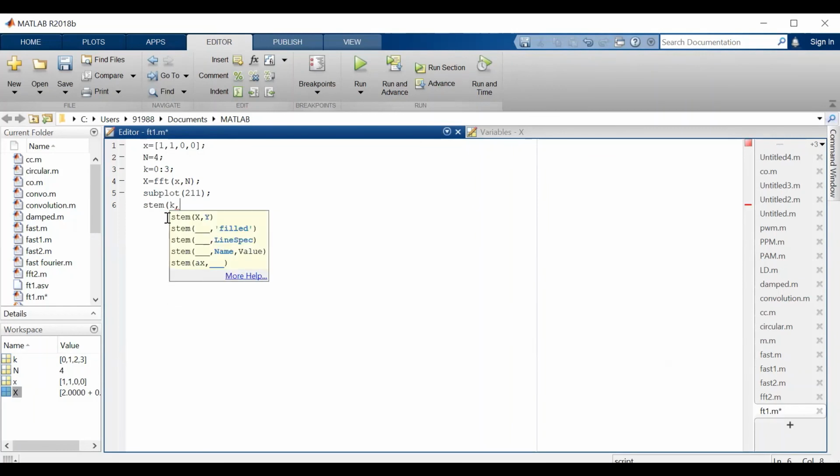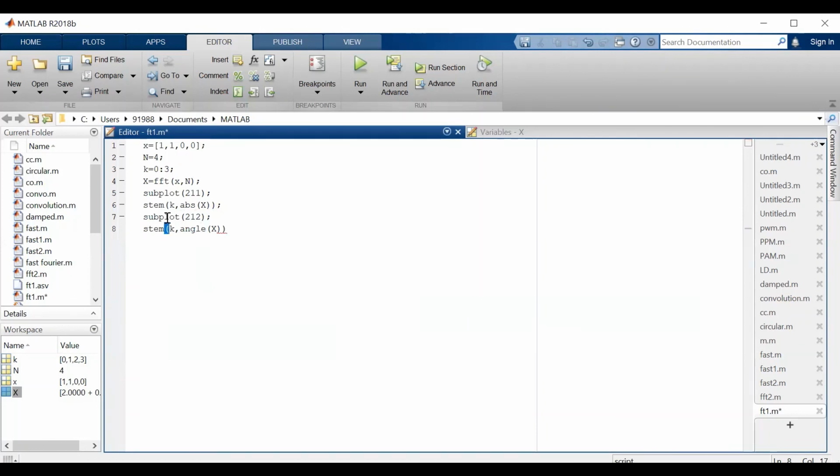We are going to plot the magnitude, so we take absolute values of X. Next, the second plot is the phase, subplot 212, stem k for values of k, comma, angle of X. You can use the function angle for the phase.